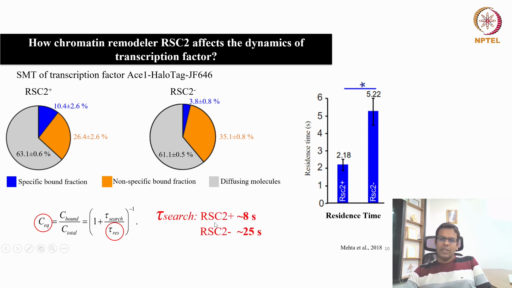We observed that when the chromatin remodeler is present, the transcription factor takes just 8 seconds to reach the gene promoter, whereas in its absence, it takes 25 seconds. So just to give you an idea, using this method you can quantify the time scale of biological processes.